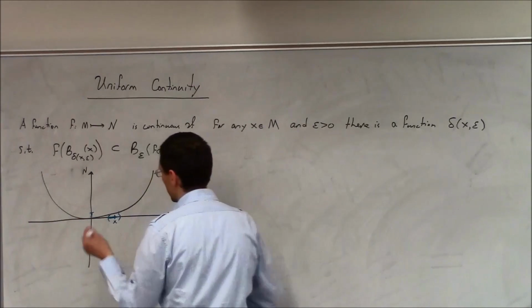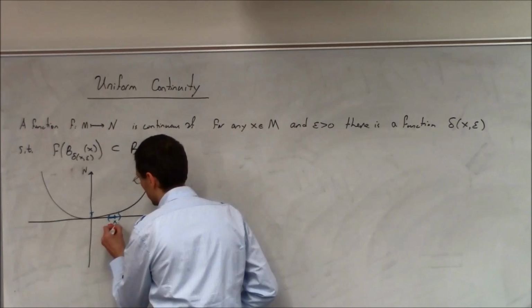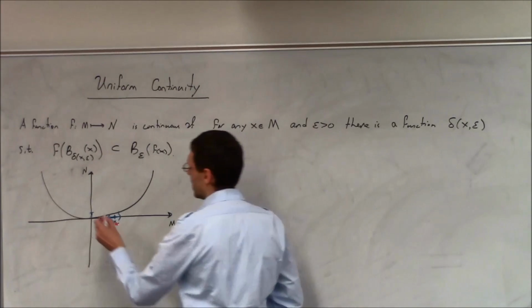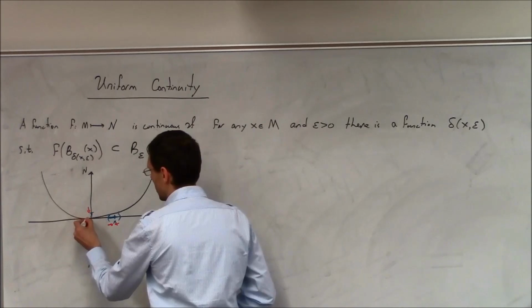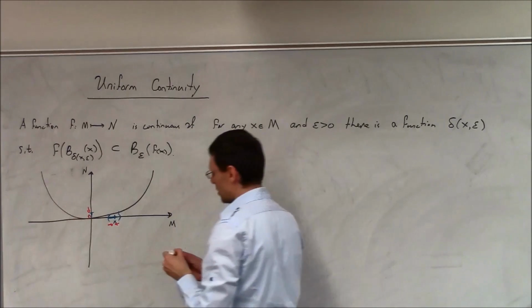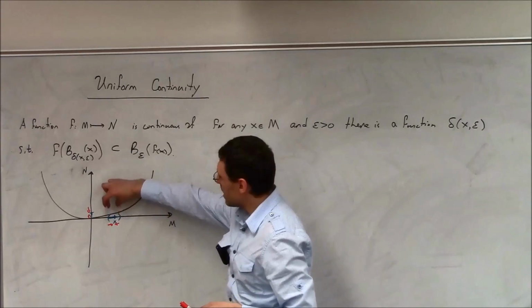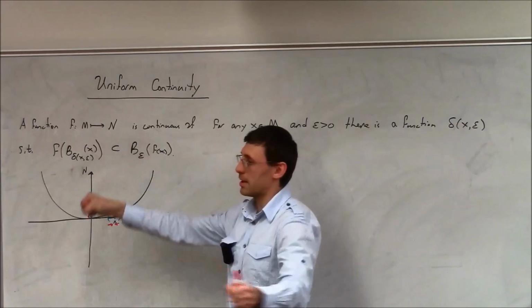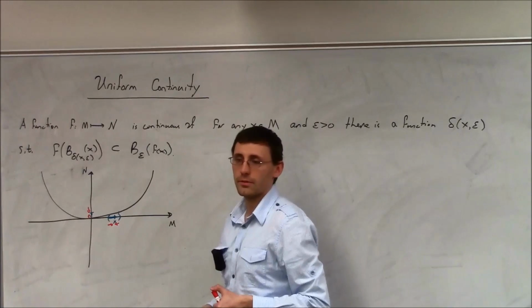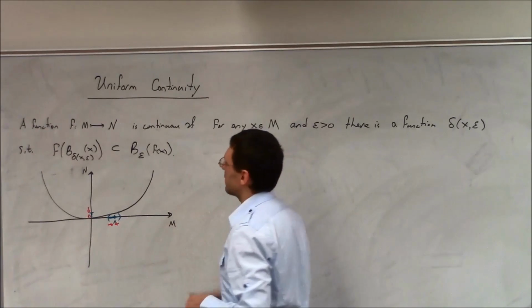If you reduce the size of this open ball, if you push the walls closer to x, you're going to push the walls on N closer to f of x. So the spray of this water gun is going to be more and more focused at the point f of x. That's just the definition of continuity.